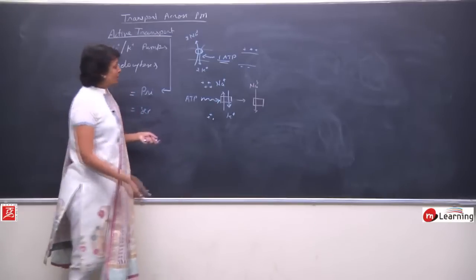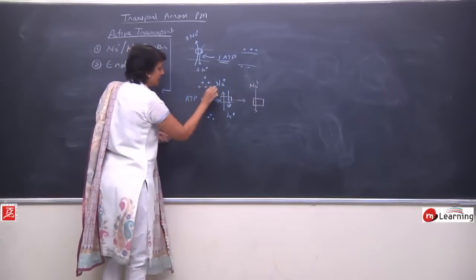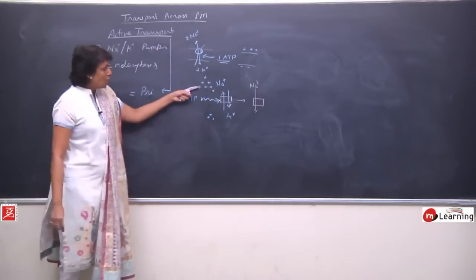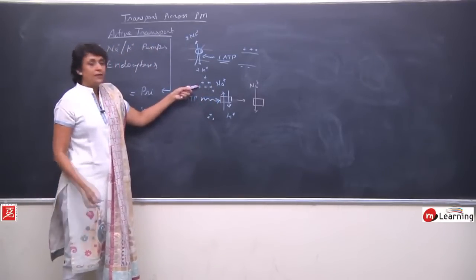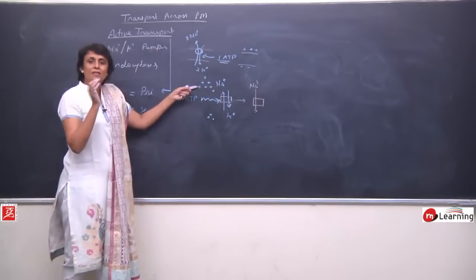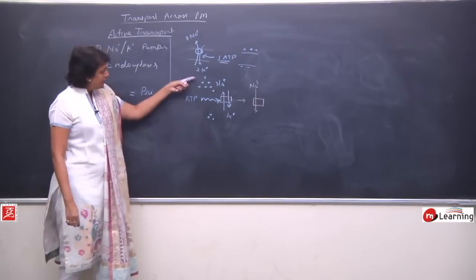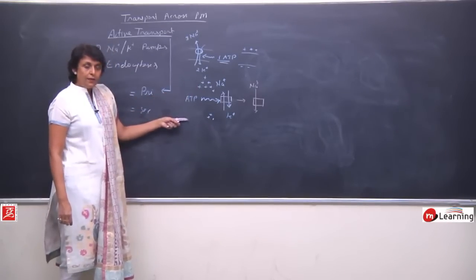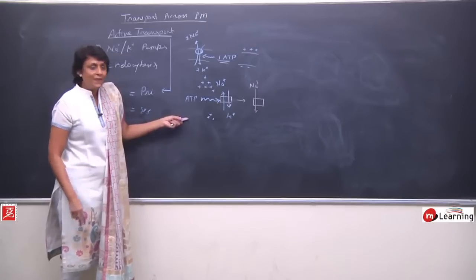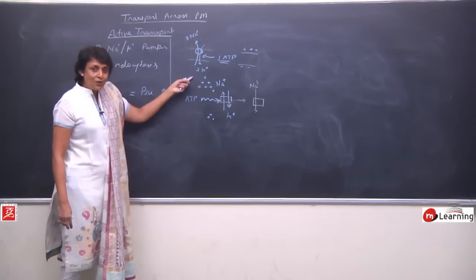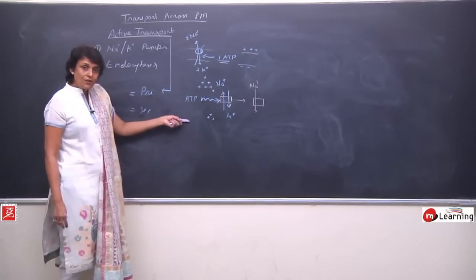Is there a concentration gradient? What is more outside? Potassium ions, sodium ions, or you can say cations. More positive, less positive. Is there a concentration gradient? What did we say in diffusion? From higher concentration to lower concentration.